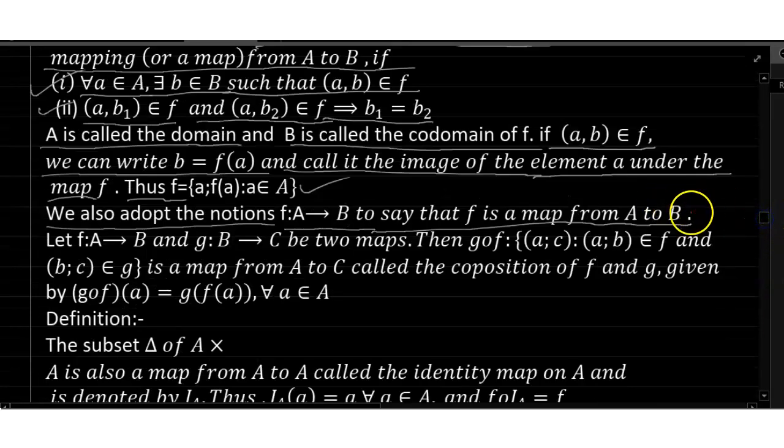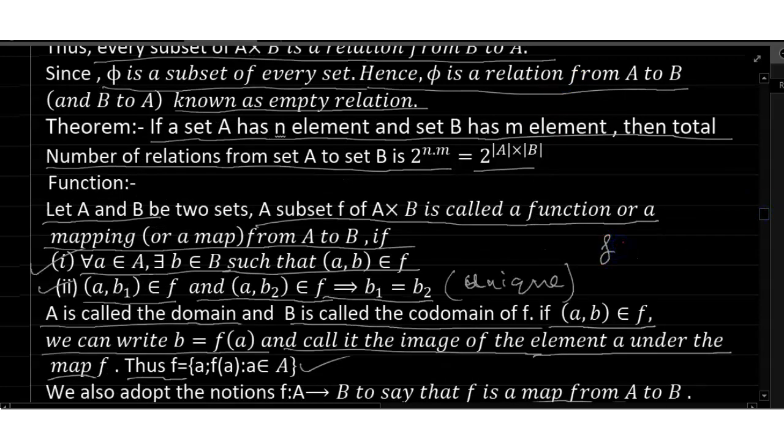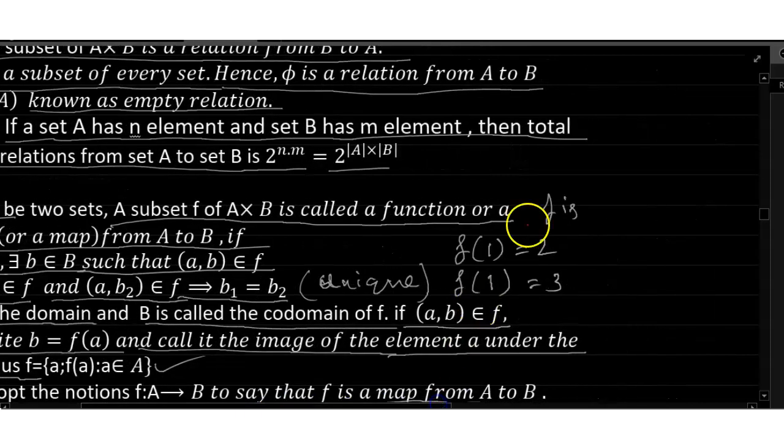So friends, it is proved that b1 and b2 must be the same, meaning it is unique. Suppose the map F has F(1) equals 2 and F(1) equals 3. This is not a function. F is not a function.